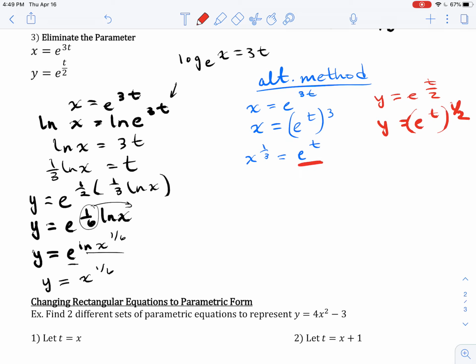Notice I've got e to the t power right over there. So if I substitute now, I can say y, plug that in, y is equal to x to the 1/3, and raise that to the 1/2 power. And we get exactly the same thing. Okay? So, it doesn't use any logarithms at all, but I liked it a lot.